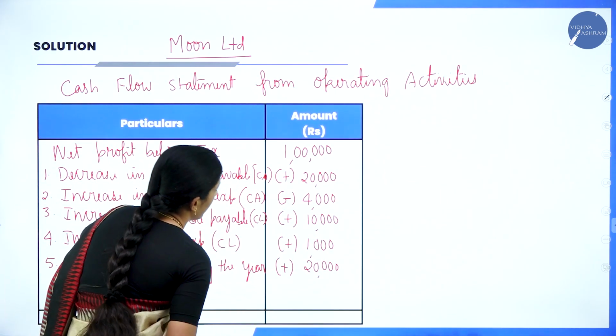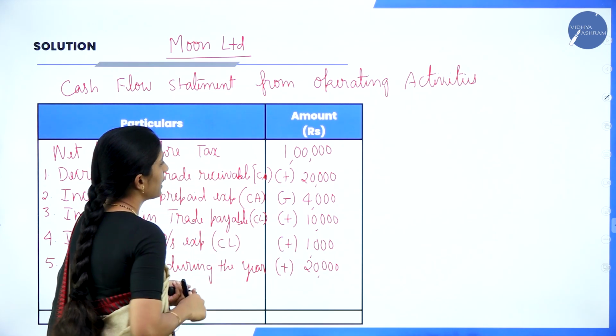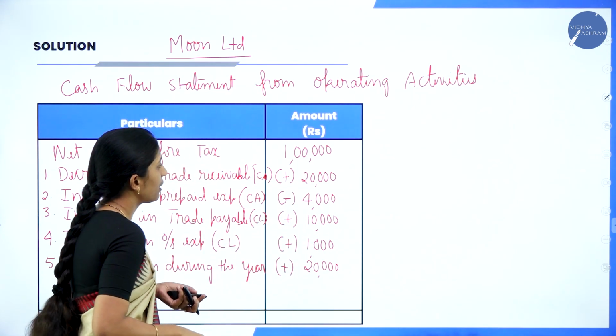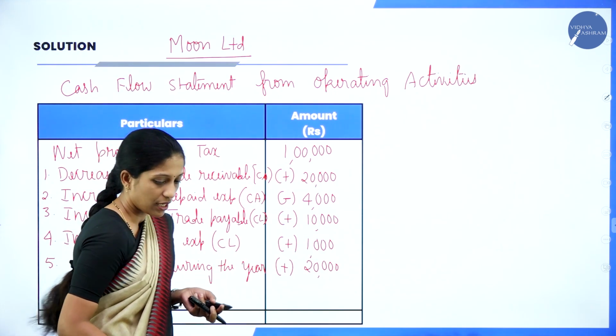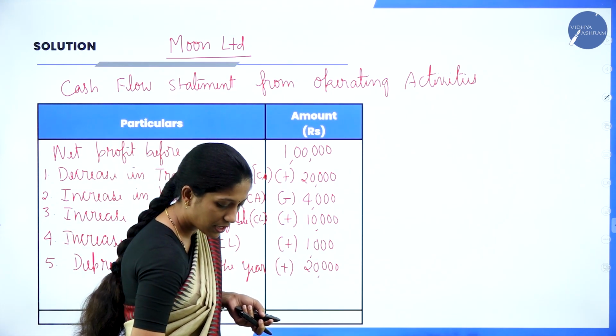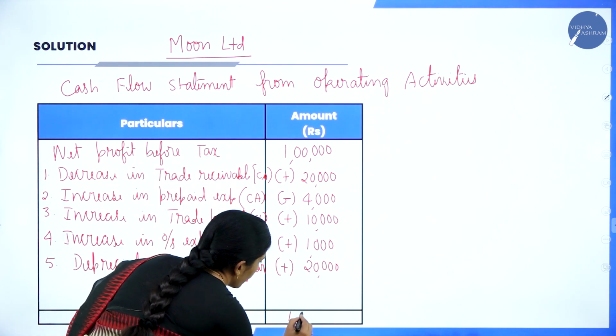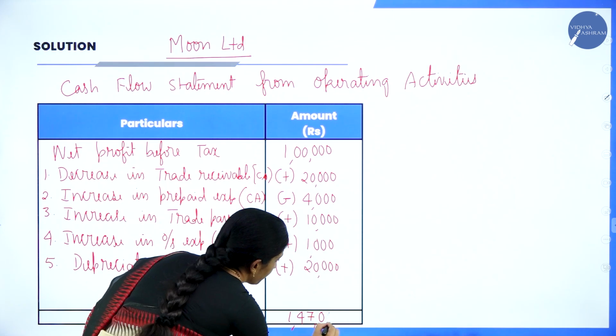So let us total now. That is 1 lakh plus 20,000, 1 lakh 20, 1 lakh 30, 1 lakh 50, 1 lakh 51,000 minus 4,000. So it will be 1 lakh 47,000.